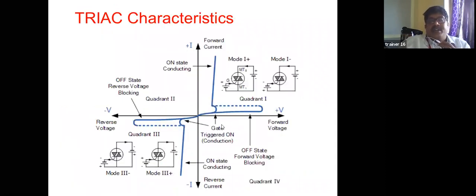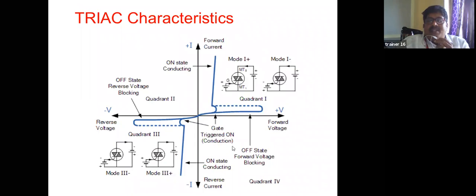If you go for the triac characteristics, when the positive voltage is supplied, the gate is triggered on. If the gate is not triggered on, it is in the off condition. That means there is no increase in the current. If you see this arrow mark, the gate is triggered on.